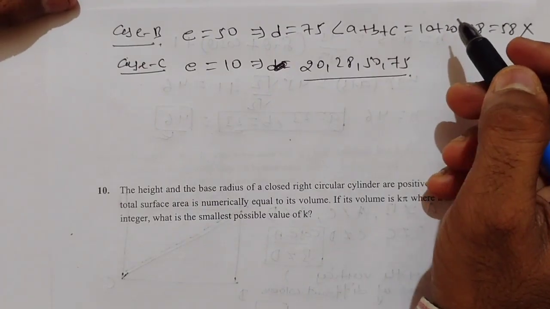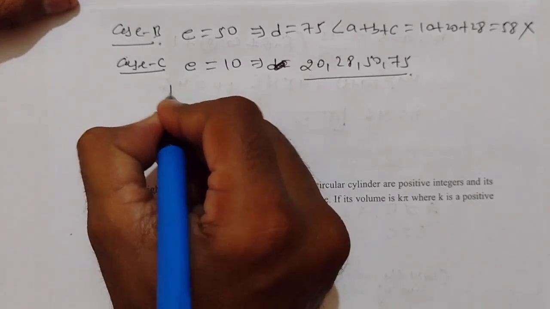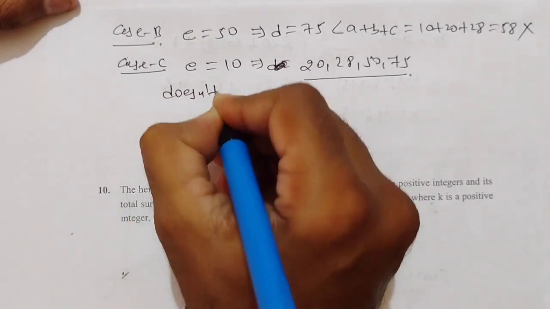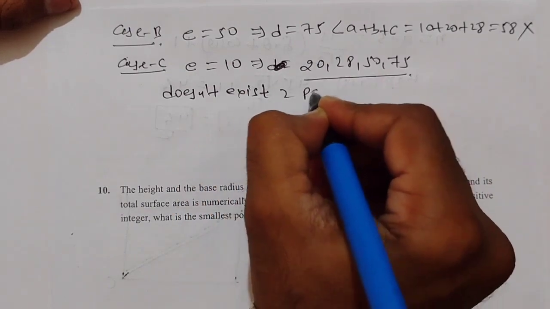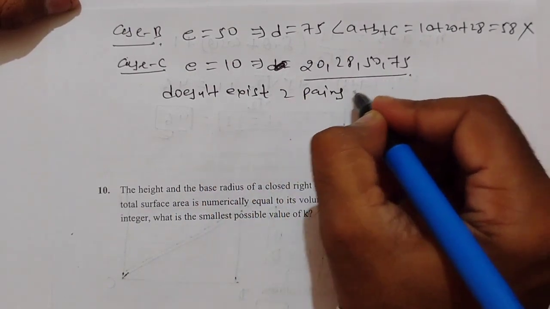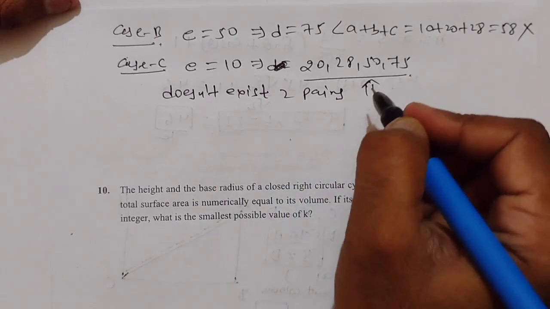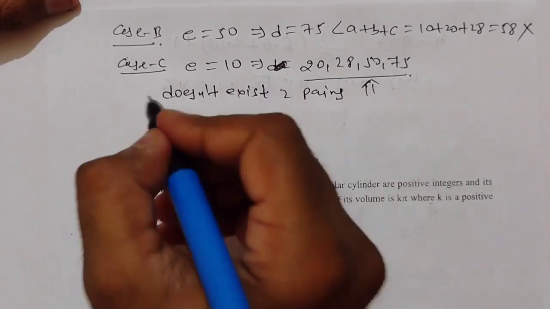So in this case there doesn't exist two pairs for this.